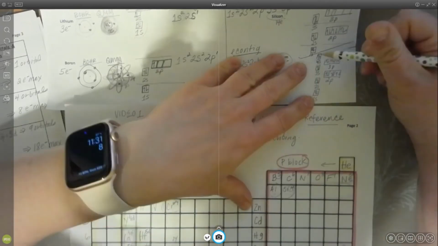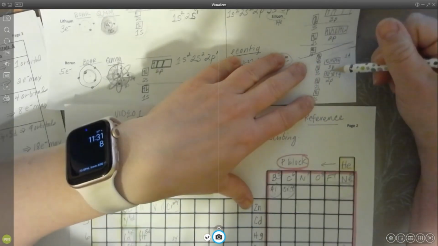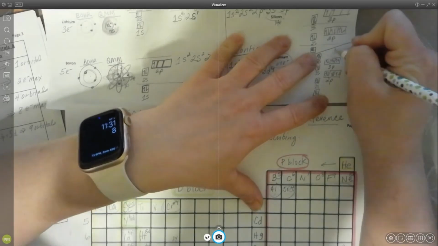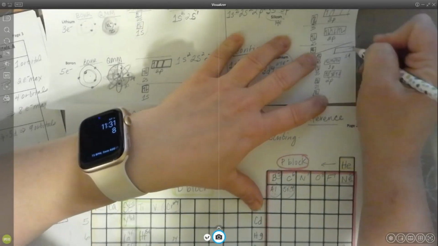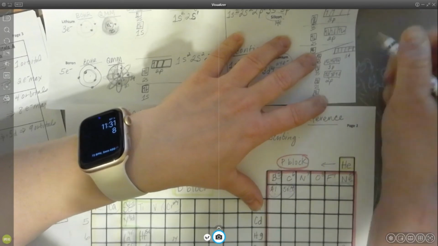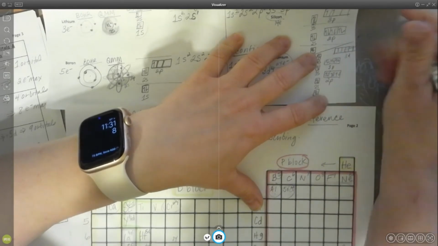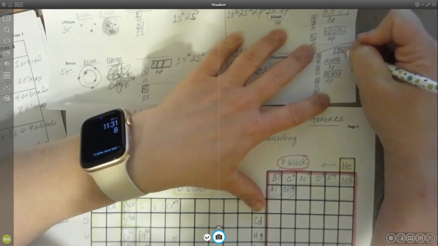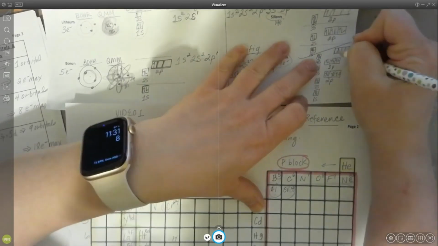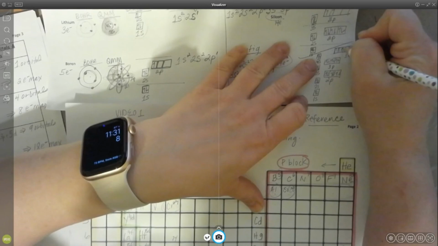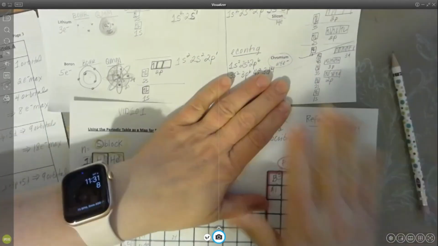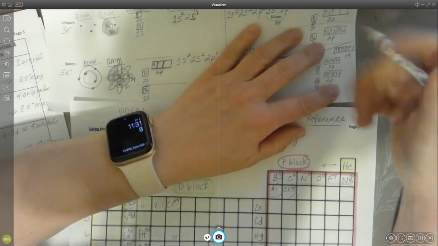So you're going to find out you have a column of s's, a column of p's, a column of d's, and eventually you might have a column of f's. 3d is going to have 5 across. You make a nice rectangle. 4 lines in between will give you 5 boxes. And we've got 4 to put in here. 1 up, 1 up, 1 up, and 1 up. I feel like I need to make that a little clearer.